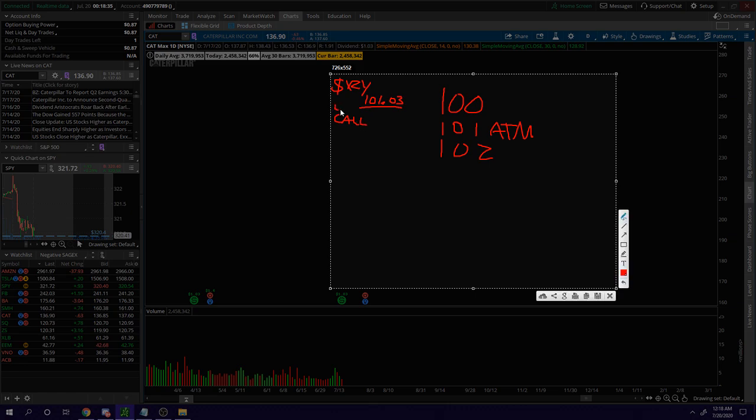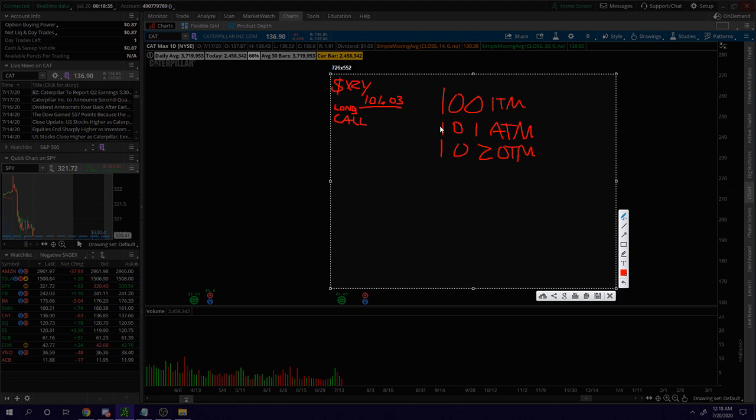You're bullish on the position, so you want it to go up. So this would be at the money. This would be out of the money because it's not currently trading there yet. And this would be in the money.